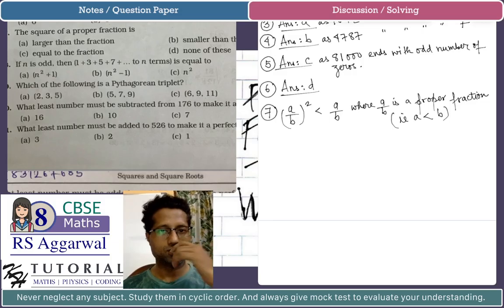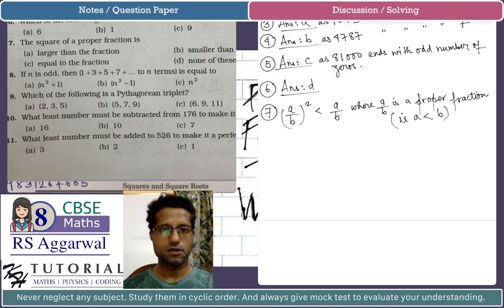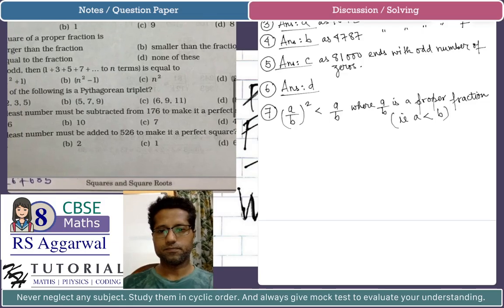So the correct choice is smaller than the fraction. So the answer is choice B.